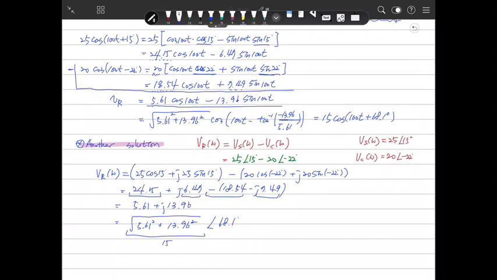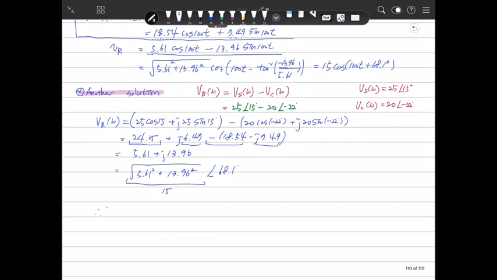So there will be 15. Therefore, VR phasor is 15 angle 68.1 degree. So vR(t) has magnitude 15 and cosine of 100t plus 68.1 degree.